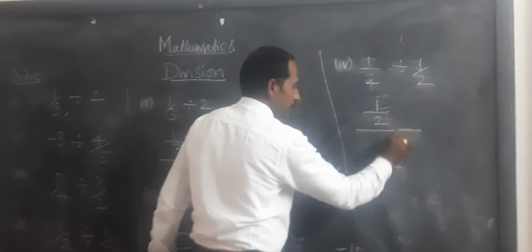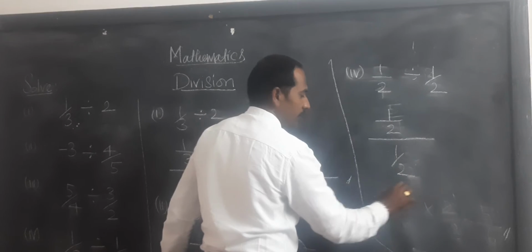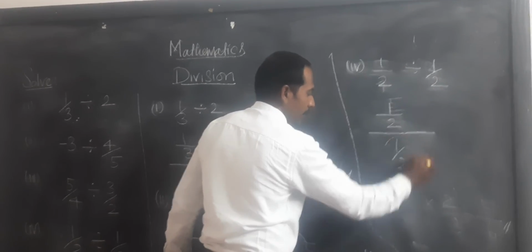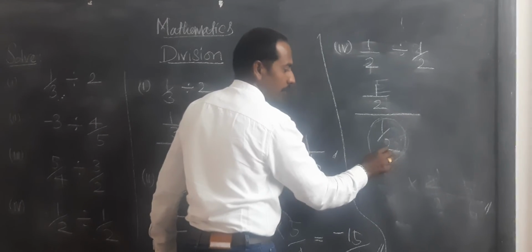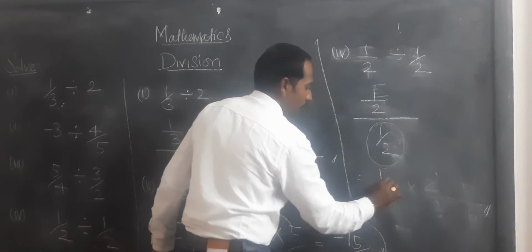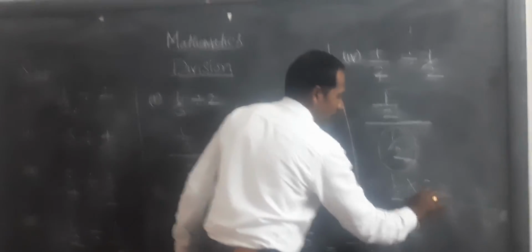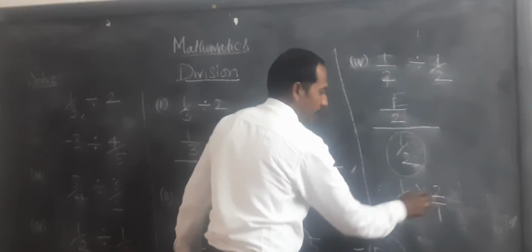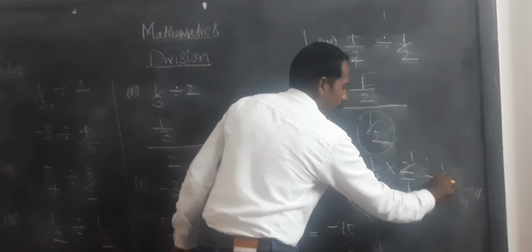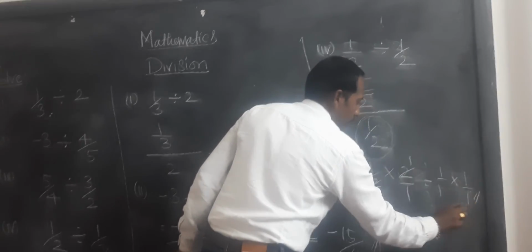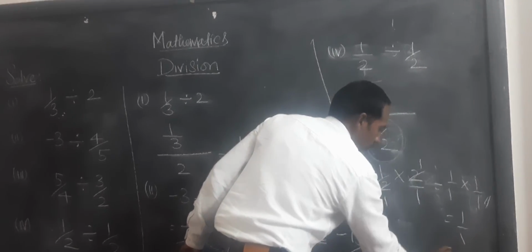Here also we use the reciprocal, because if we get a fraction, you interchange to the reciprocal of the denominator. So 1 over 2 into 2 over 1. Here you can simplify 1, 1. So 1 by 1 into 1 by 1. If you multiply, 1 over 1 equals 1.